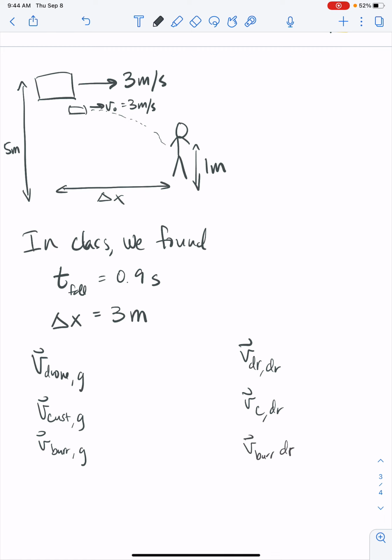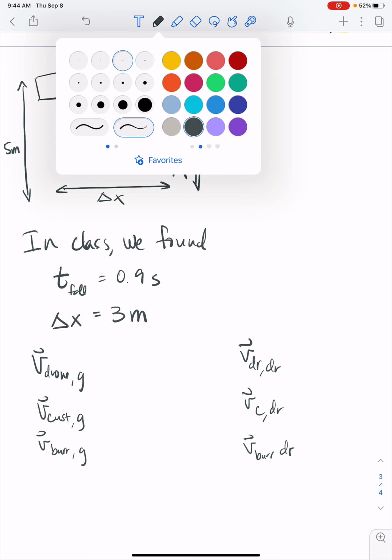At the moment that the burrito reaches the customer, we want to find all of these velocities, okay? So in class, I just gave you the answer. We'll actually calculate it this time.